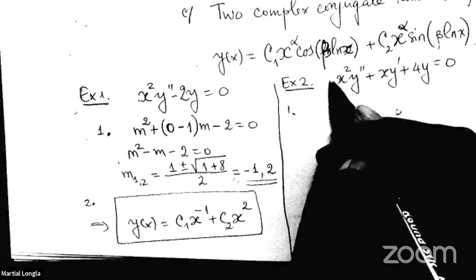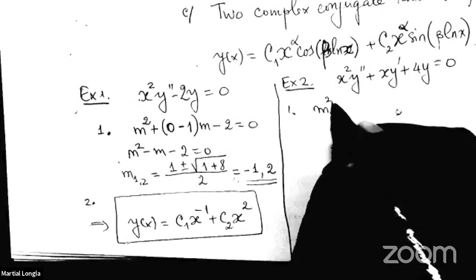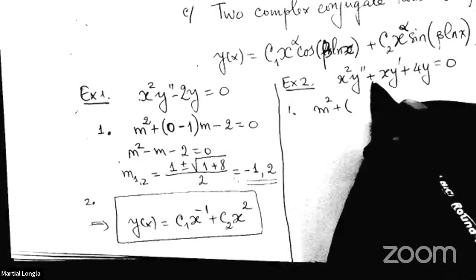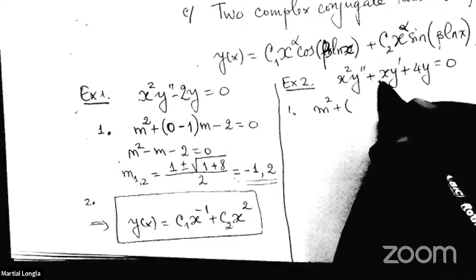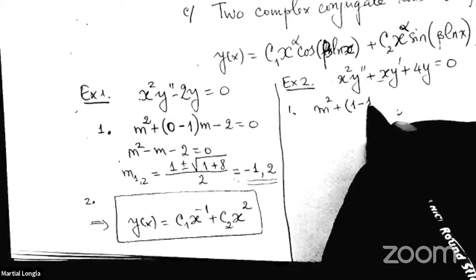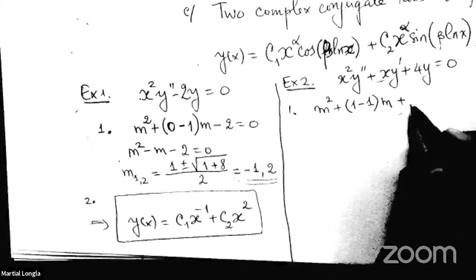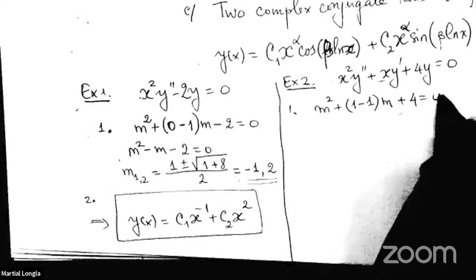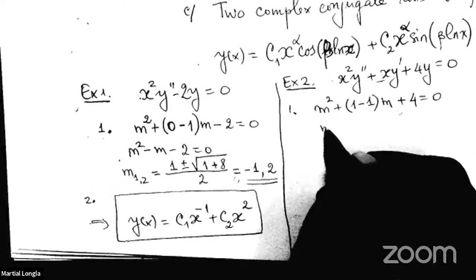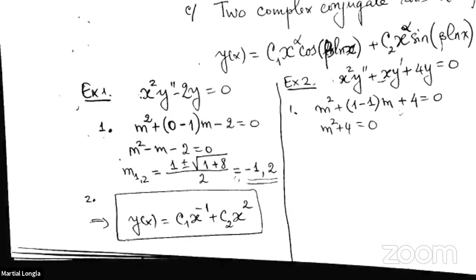A is 1 because the coefficient here is 1, so that's m squared plus b, which is 1 because that's the coefficient of xy prime, minus a, which is 1, m plus c, 4, equals 0. So that's m squared plus 4 equals 0.